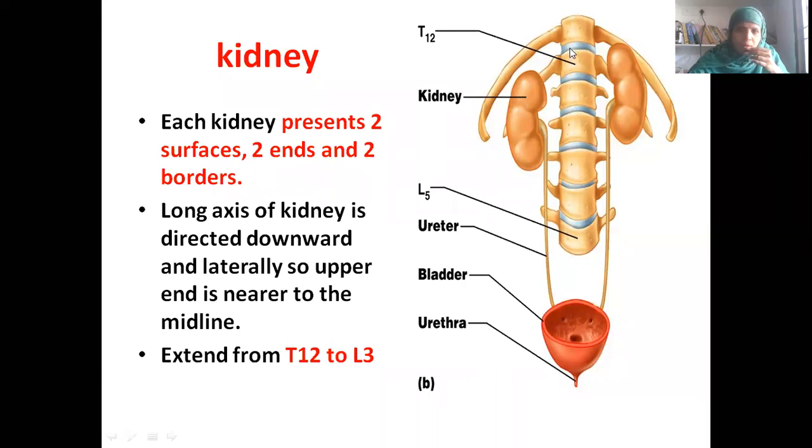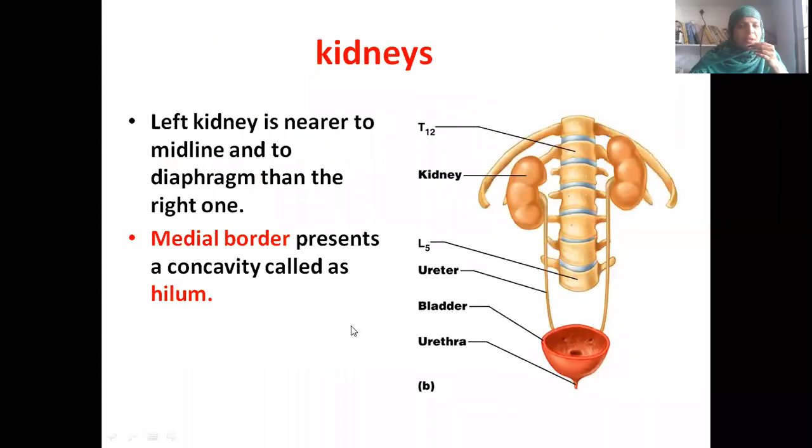Now when you count the vertebral level, you can see it extends from T12, L1, L2 and almost up to L3. T12 to L3 is the extent of the kidney. This is the right kidney, because on the right side we have the liver, which has been removed. This is the left kidney, isn't it? The left kidney looks nearer to the midline and to the diaphragm than the right kidney.